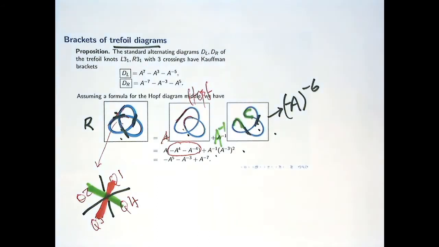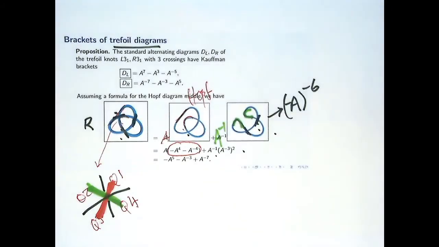You should remember that. So I put that all together, 2 terms cancel out, and I'm left with this Kauffman bracket, A to the minus 7, minus A to the minus 3, minus A to the 5th. And that is the Kauffman bracket of the right-handed trefoil knot.